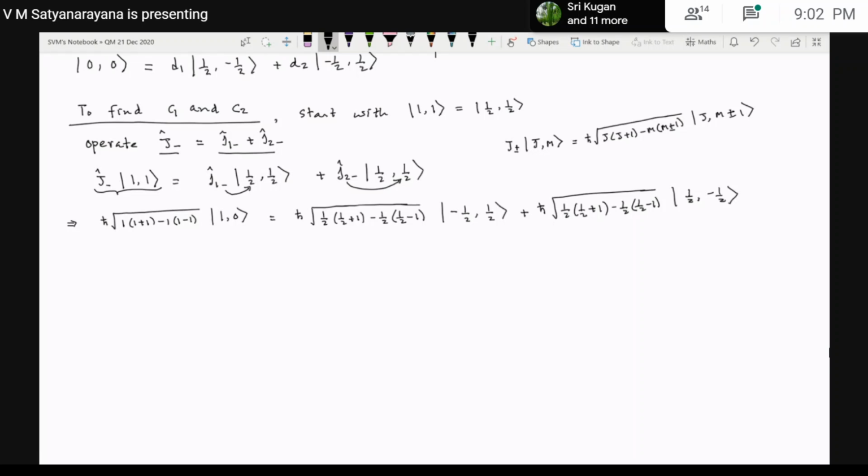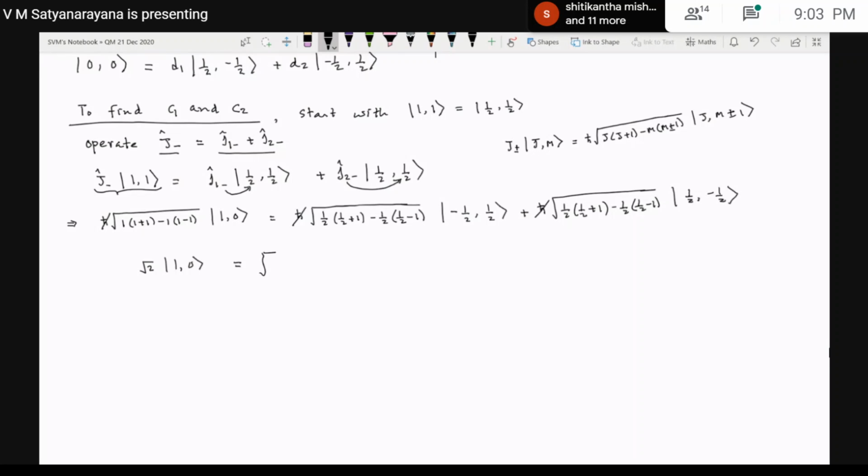Okay, so now you can see that h bar will be there in all terms, so that will cancel away. And what is this? 1 minus 1 is 0, this 1 plus 1 is 2, so I have root 2 into |1,0> is equal to, now here what I have, 3 by 2, 3 by 4.